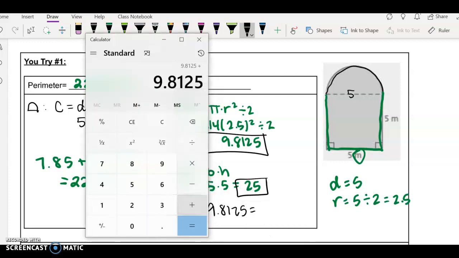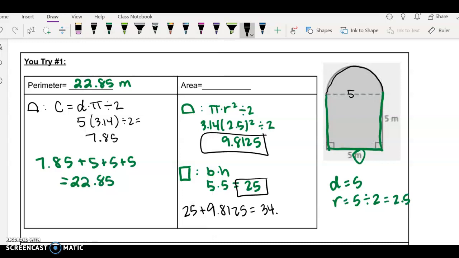I'm going to use the calculator, makes it easier. So plus 25. And I get 34.8125. And it didn't tell us to round it, so we have to keep the entire thing. And then my measurement was meters, and with area, we do an exponent of 2.